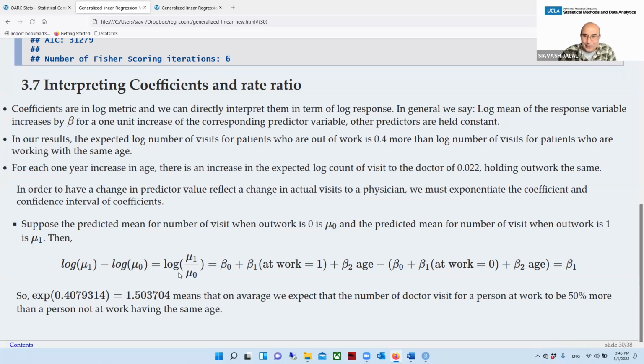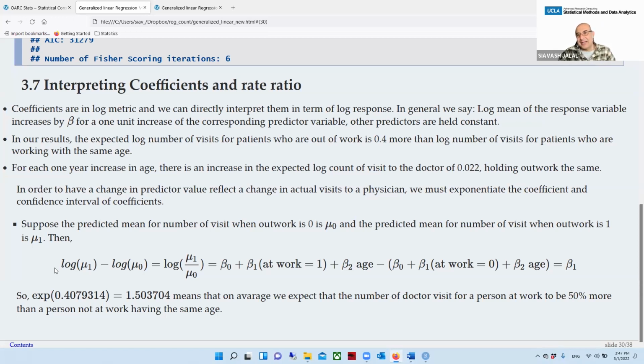These two are equal in the log. And now if we exponentiate both sides, we get the ratio of the means, or rate ratio, or some people call it incident rate ratio, right?